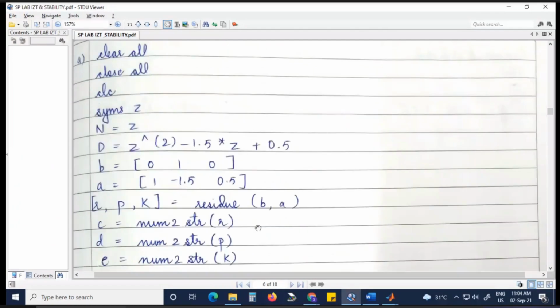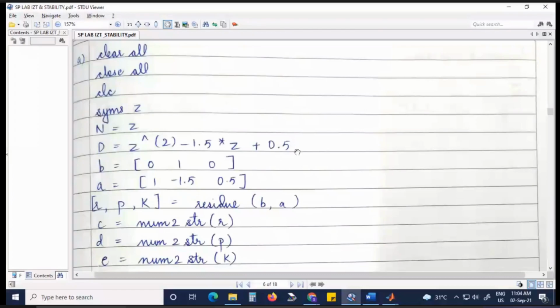Then let's write the program. Clear all, close all, syms z means you are declaring z as the symbol. And n is equal to z, that means it is the numerator. And denominator d is equal to z square minus 1.5 z plus 0.5.